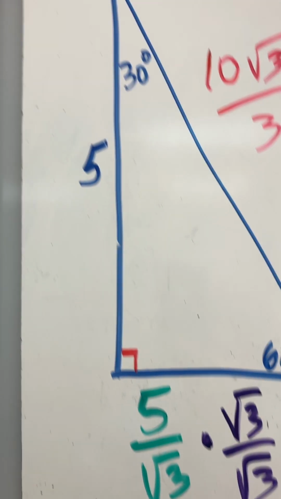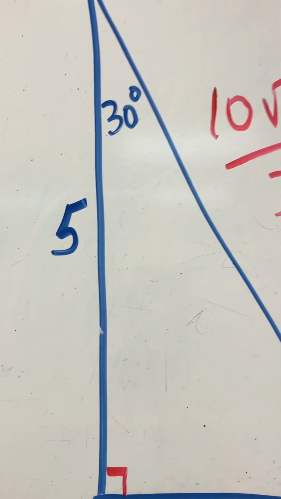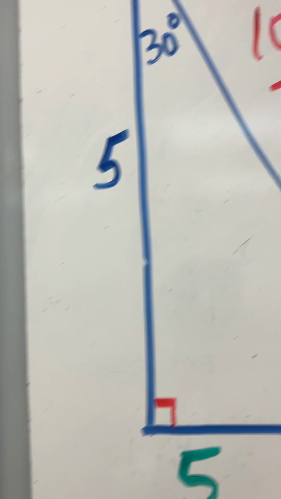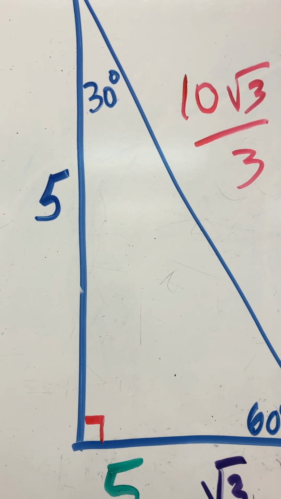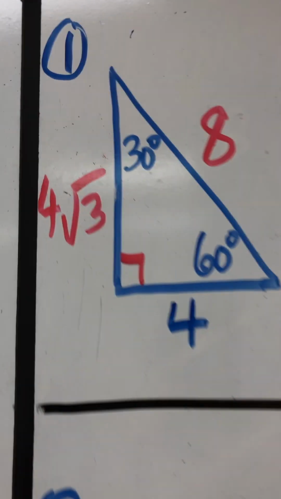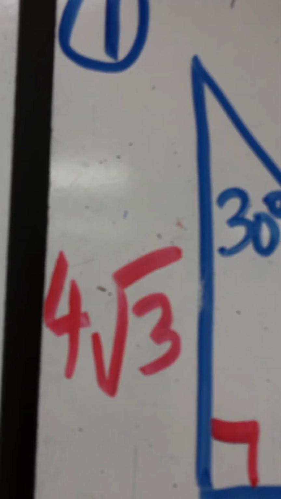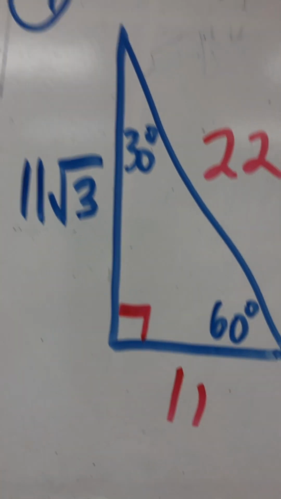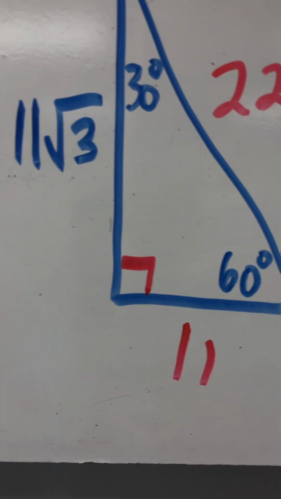Now, what if the long leg is just simply 5, right? All along, we've been dividing by square root of 3. In other words, back here, if this was 4 square root of 3, you divide square root of 3 to get 4. If this was 11 square root of 3, you divide square root of 3 to get 11, right?